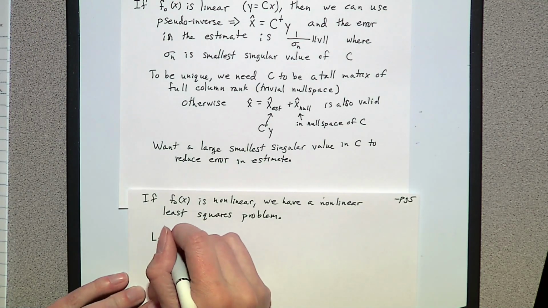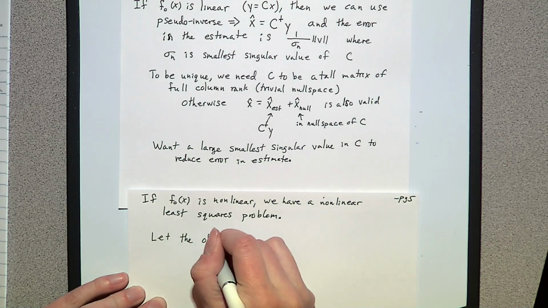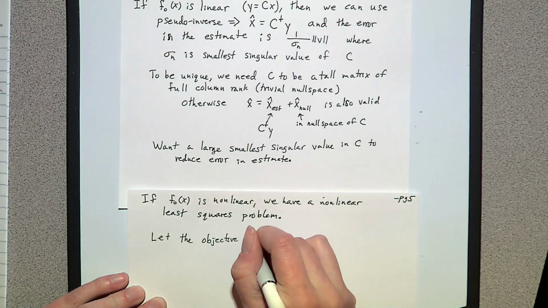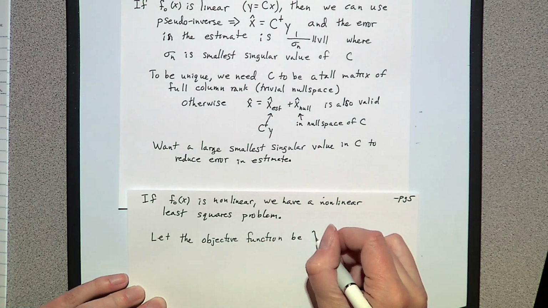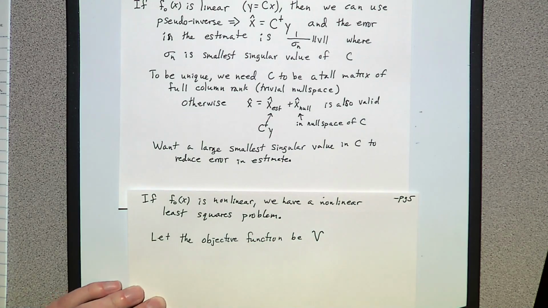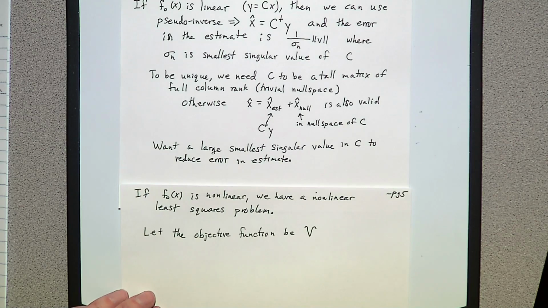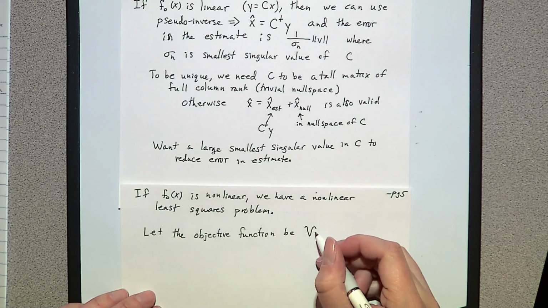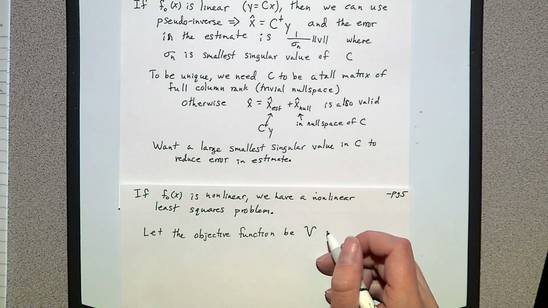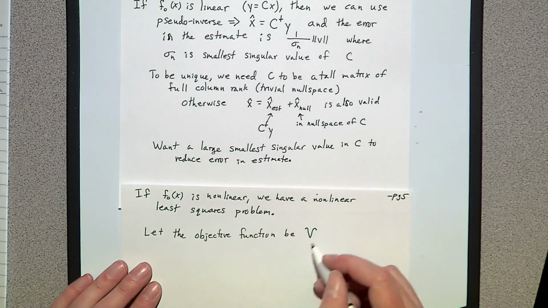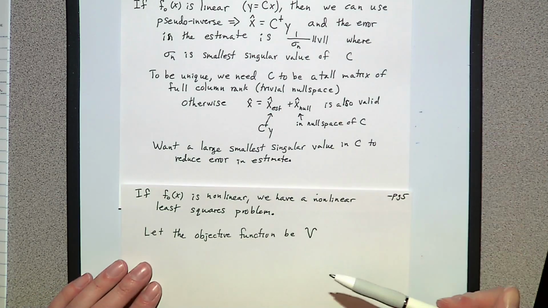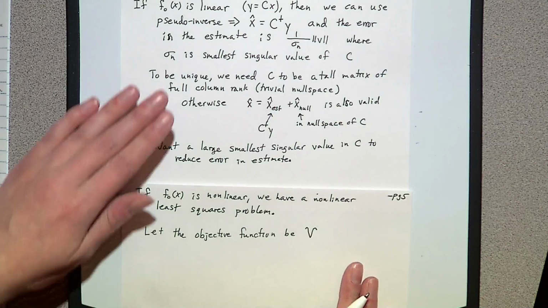So if we let the objective function be, I'll use a script V, because you'll see V a lot for objective functions, and it's also something that you use for proof of nonlinear stability of systems. So you'll see V used a lot. I apologize that we keep using V so much, so I'm trying to distinguish as much as I can.